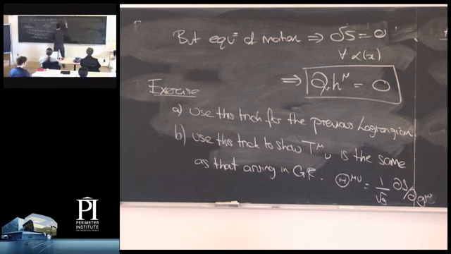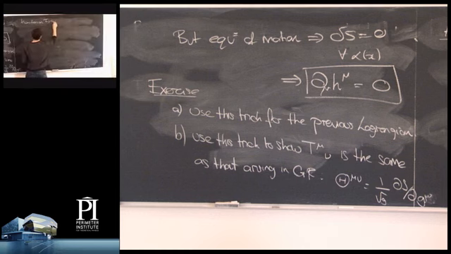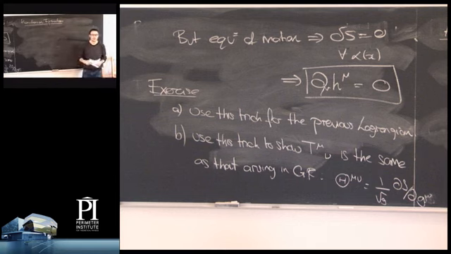Okay, so the last thing I want to do is the Hamiltonian formalism. So far we've been working with the Lagrangian formalism, but you all know how to go from Lagrangians to Hamiltonians, and it's exactly the same in field theory as it is in particle mechanics.